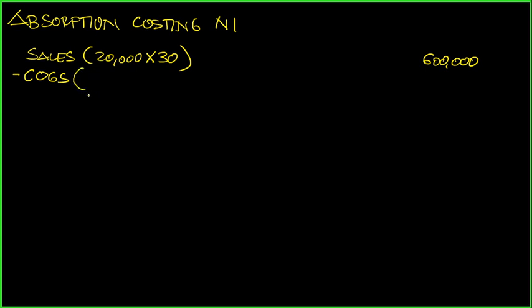Since there is no beginning inventory, and the units sold for this year came from this year's production, we can safely compute the cost of goods sold as 20,000 times 16. 16 times 2 is 32, so you have 320,000.